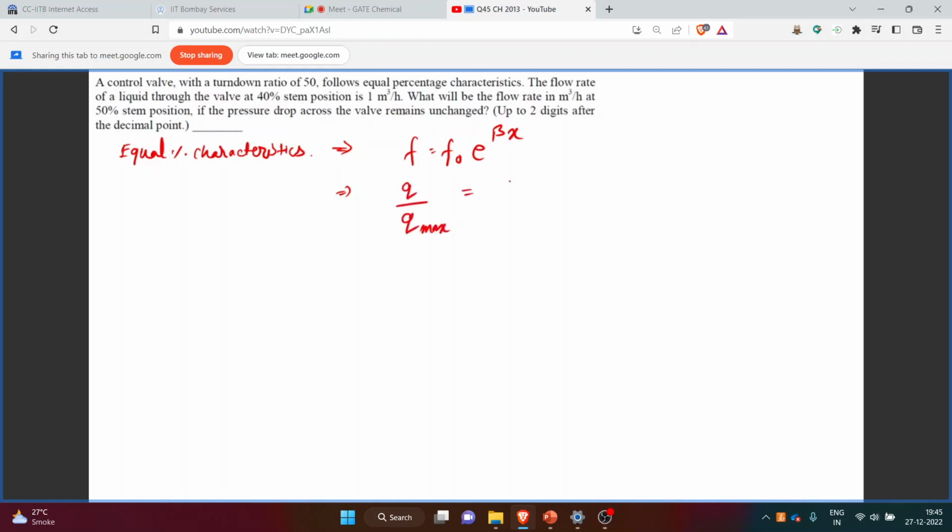Similarly, F naught we can write as the initial flow upon the maximum flow, which will remain the same, e raised to beta x. So in terms of the flow rate through the valve, we can write this as Q is equal to Q naught e raised to beta x. The other thing we have been given is a turn down ratio of 50.